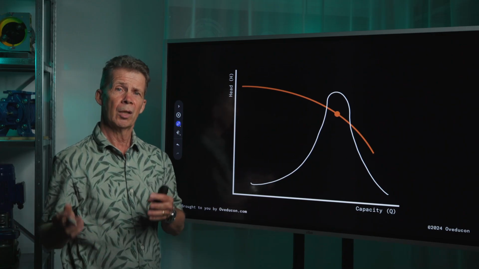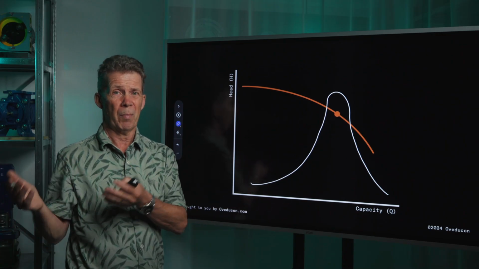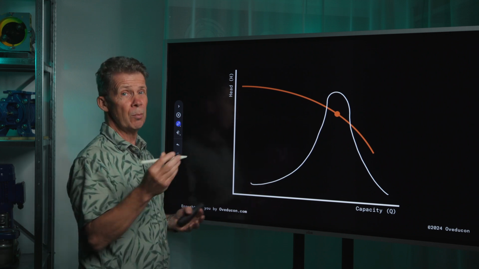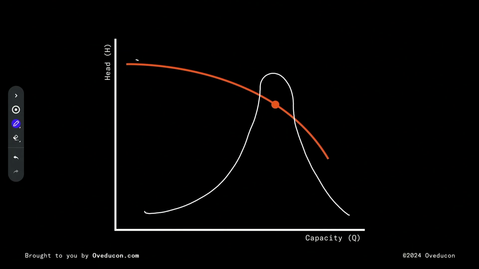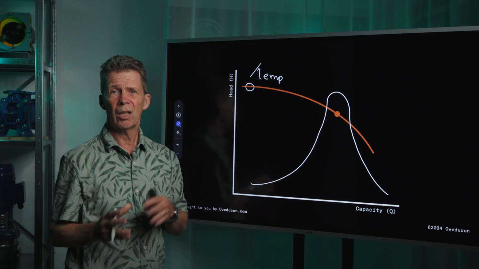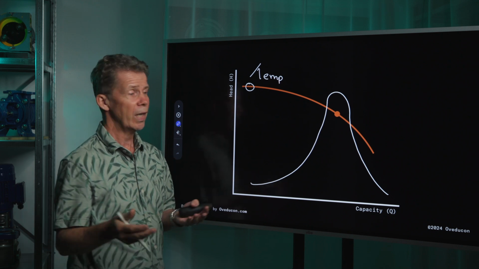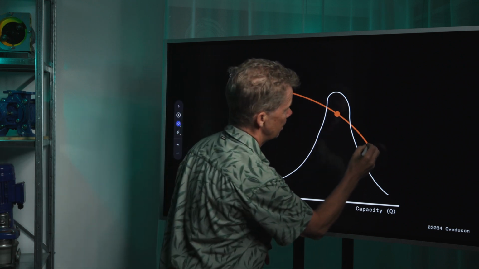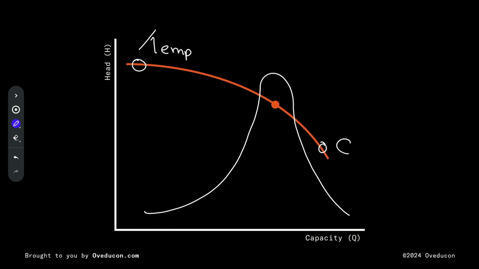For example, the first piping system I showed you, temperature rise, you can find it here on the curve. Temperature rise. And the other one, the impeller, we had cavitation. It is here on the curve.